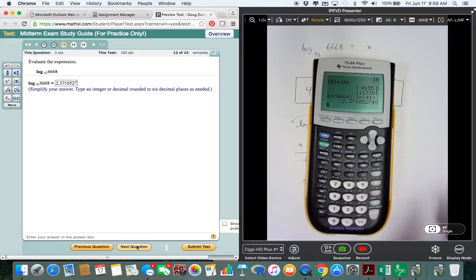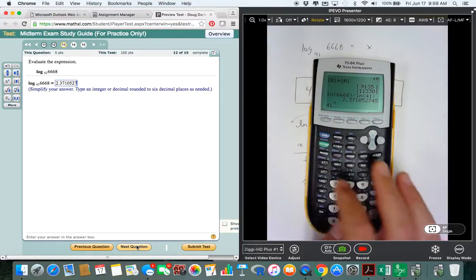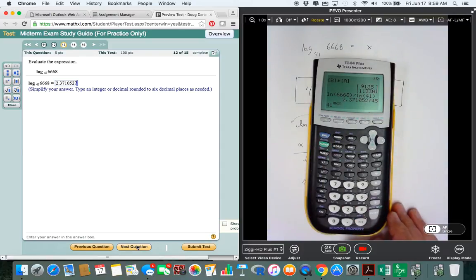You've got a chance to check these things to see if they're reasonable. So what I need here is I need 41 to be raised to that number. And if I worked it out right, it should be 6668. And it is, so I feel good about that question.